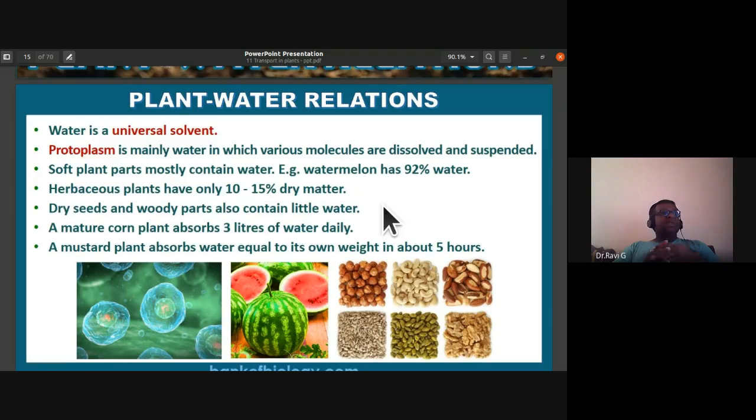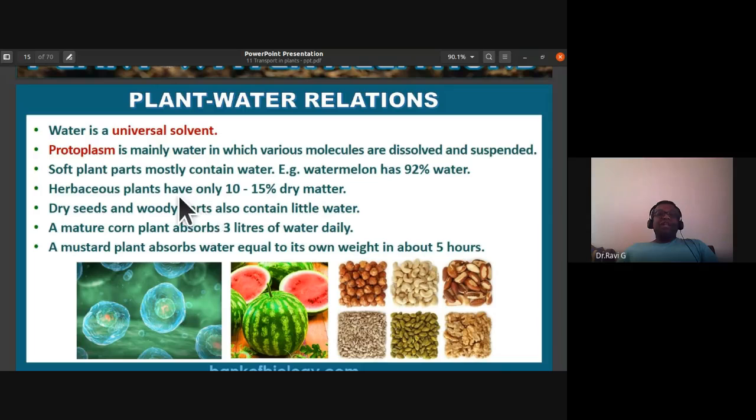So protoplasm is mainly water in which various molecules are either dissolved or suspended. The soft plant parts mostly contain water. Example, watermelon has nearly 92% water. It is a blessing in the summer season, isn't it? The soft plant parts contain maximum water. Even cucumber.